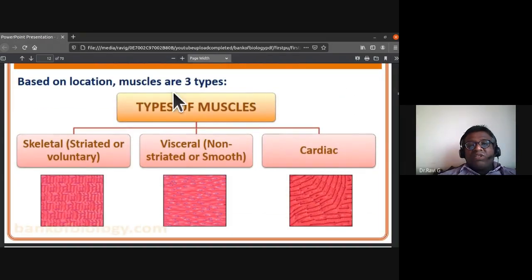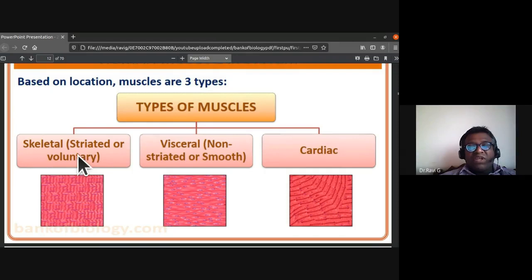Based on location, muscles are of three types. The skeletal, striated, or voluntary muscles, they are under our control. Smooth muscles are non-striated or visceral muscles. Cardiac muscles are found in the heart. So the types of muscles are skeletal muscles, visceral muscles, and cardiac muscles.